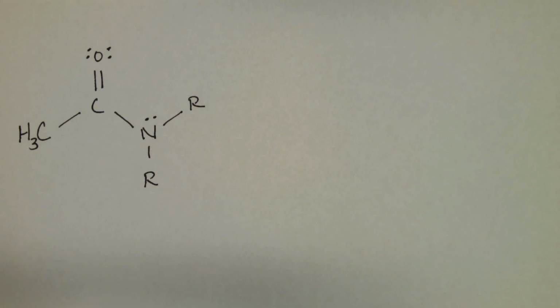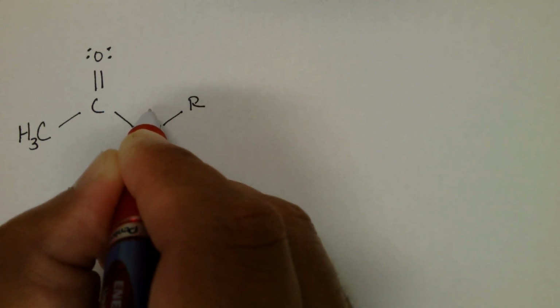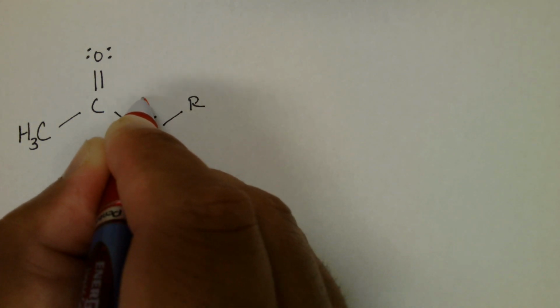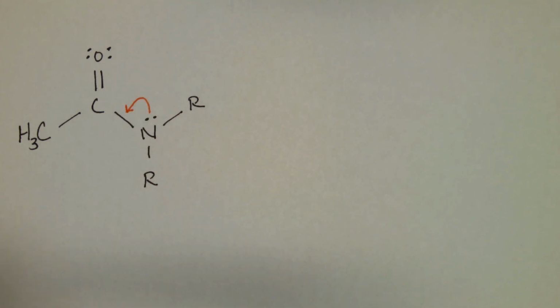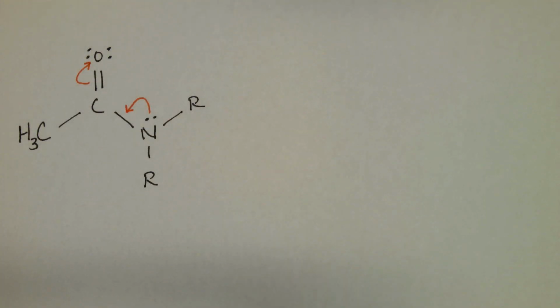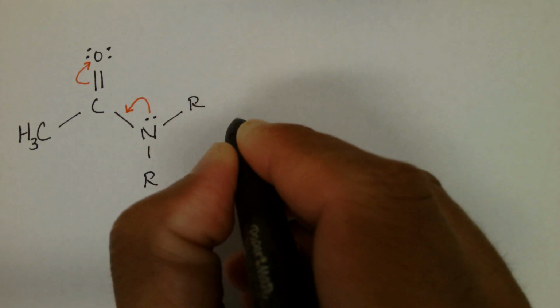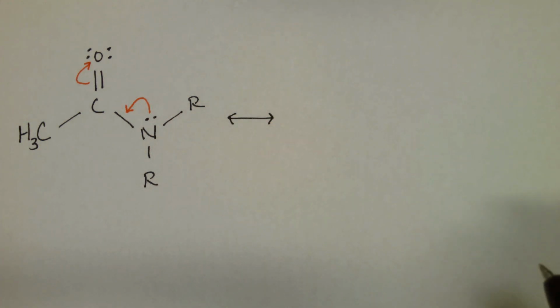So here we can draw a resonance structure. From the lone pair of electrons in the allylic position, I'll draw an arrow going in between those two atoms. And I can't break the octet rule for carbon, so I'll move the pi electrons over to that oxygen atom. Here's my double-headed arrow to represent resonance.